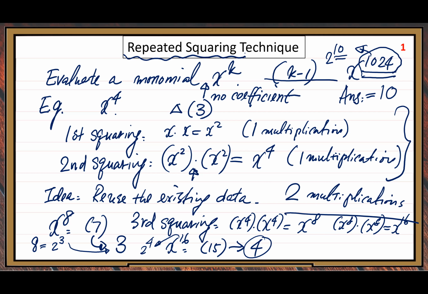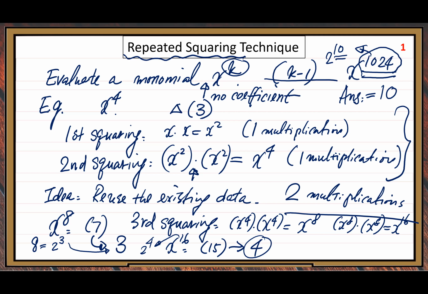But in future questions using repeated squaring, I may not give you k as a power of 2. Here, the question I gave you has k as a power of 2. If k is not a power of 2, you can still use repeated squaring to get the answer.